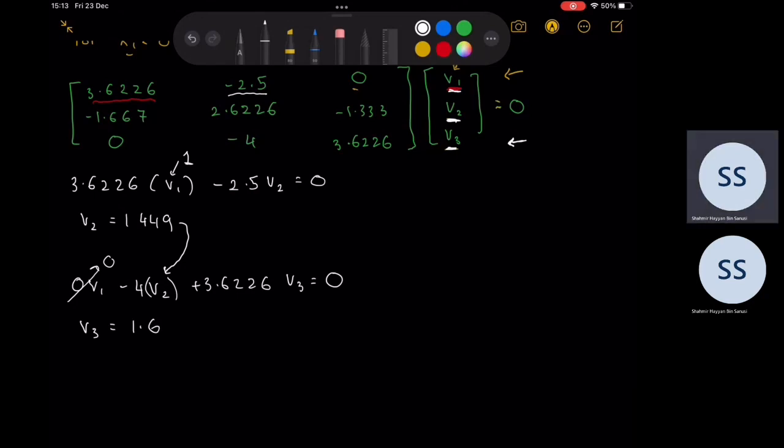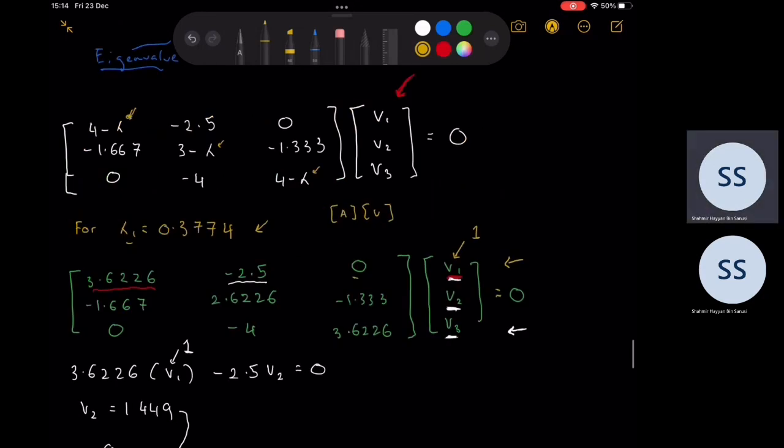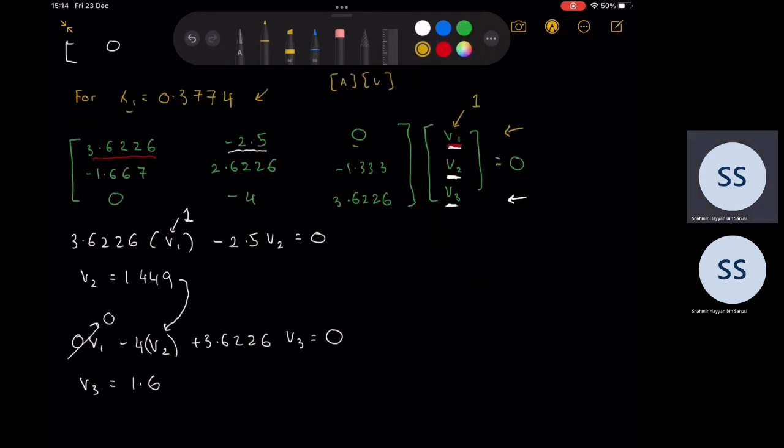So in order for us to get the first eigenvector, to recap, we're going to use the lambda 1 value, replace it back in the matrix A, V, use this matrix and replace the lambda with lambda 1. If we want to find eigenvector 1, replace in this matrix lambda as lambda 1. And in the end, we can get V1, V2, and V3.